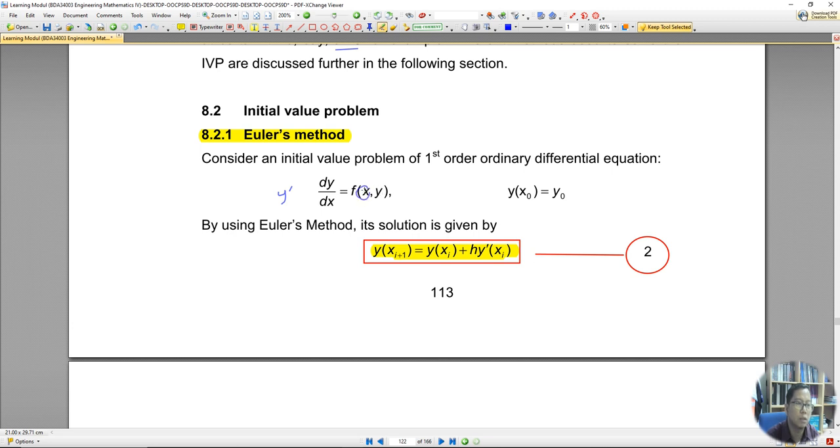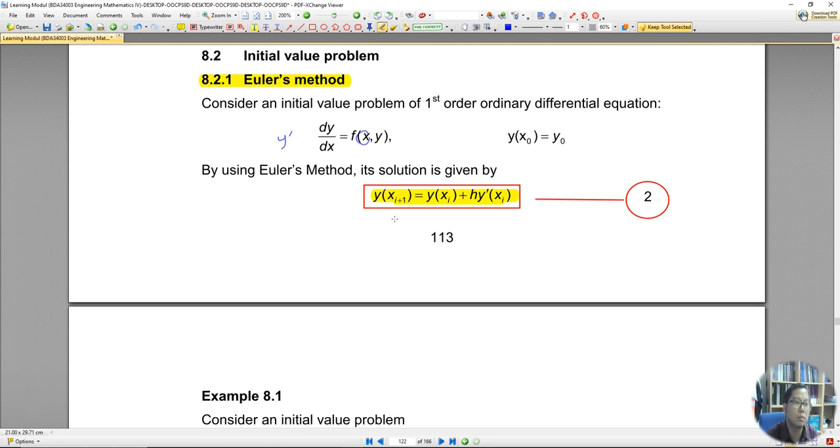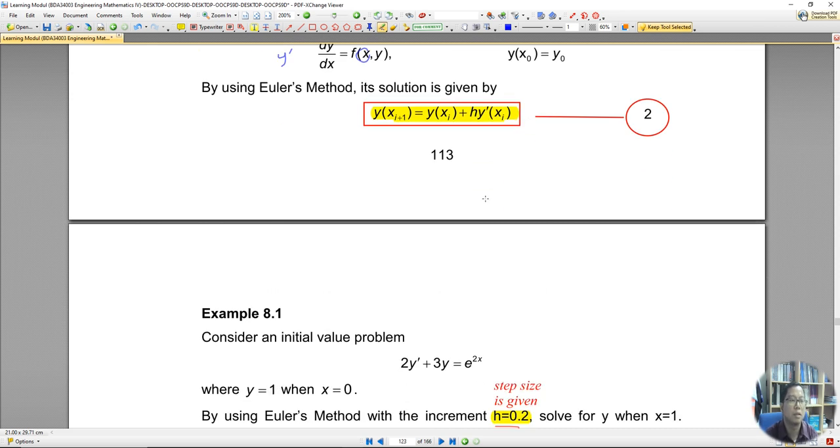So we have to know the values of x and y, and the point is y when x equal x0 and y equal y0, the initial y0. By using Euler method, the solution can be given by, in order to identify the next value, y(x_{i+1}) equal to y(x_i) plus h multiplied by y'(x_i).